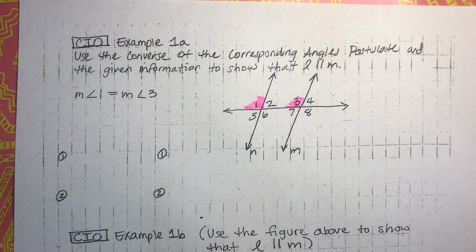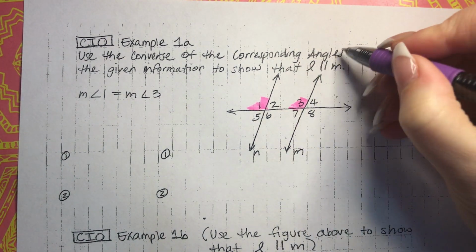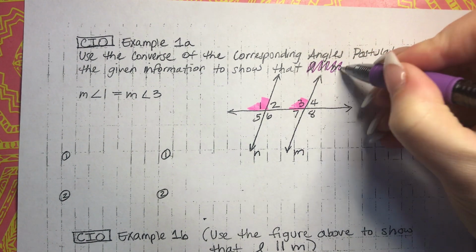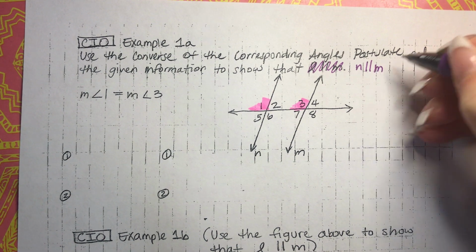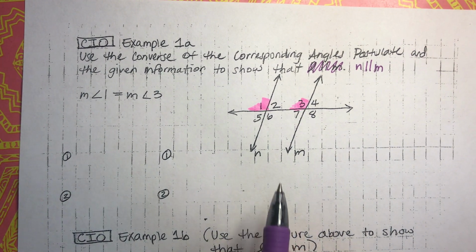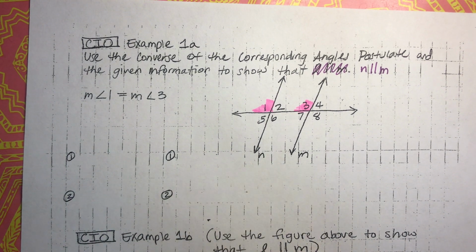So if we can show that those two are the same, then we can show that line L and M. Okay, this is supposed to be N and M. So just erase that. N is parallel to M. Okay, we have to show that those two are parallel.